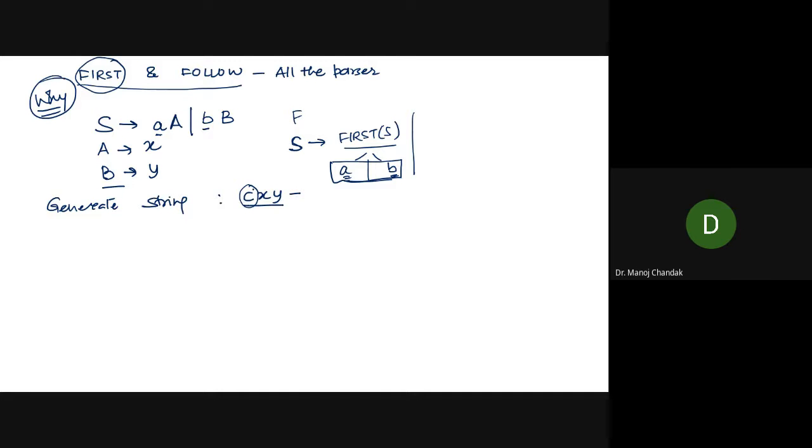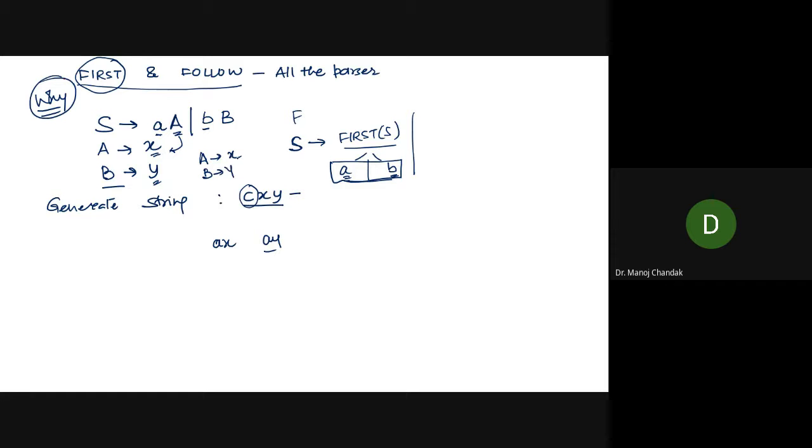Because you can always have something like a and X, and you can always generate a and Y, because you can replace A by X and you can replace B by Y. So who is giving you the idea of replacement? Again, what is first of A? It is X. What is first of B?